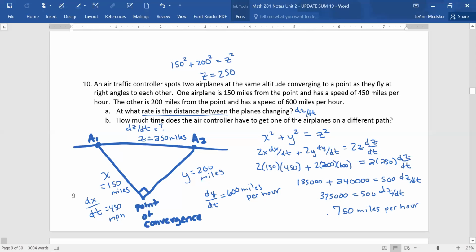And it is supposed to be negative, and that's because this distance is shrinking, so this is a decreasing distance.